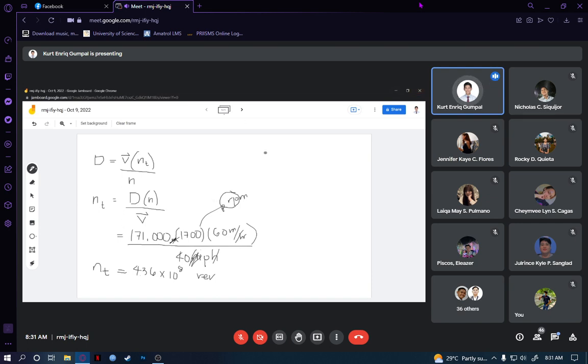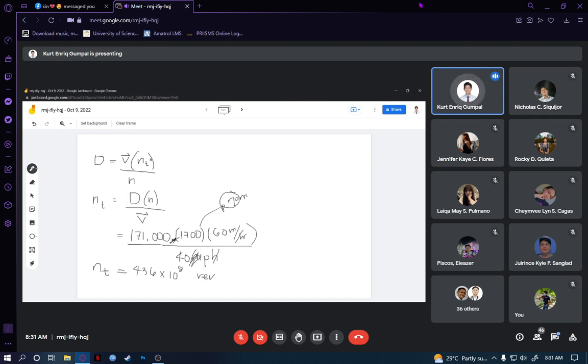So did you get it? Again, your total distance traveled would be your average speed of your sailboat, since it is the Going Merry. Your V, your average, you multiply by the total number of revolutions throughout its lifetime divided by your average engine speed.